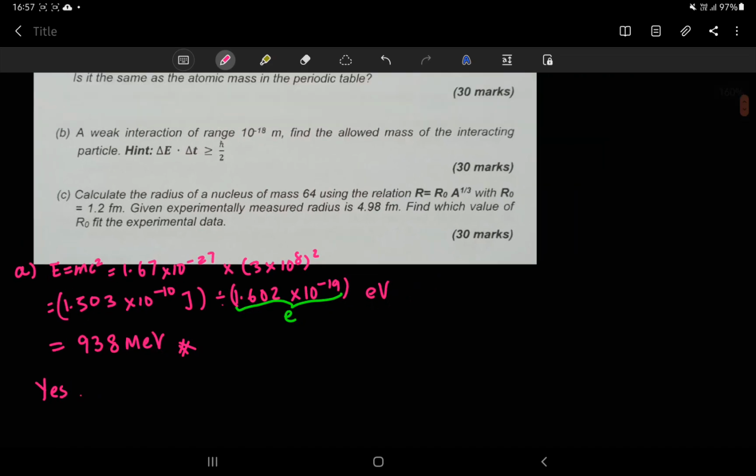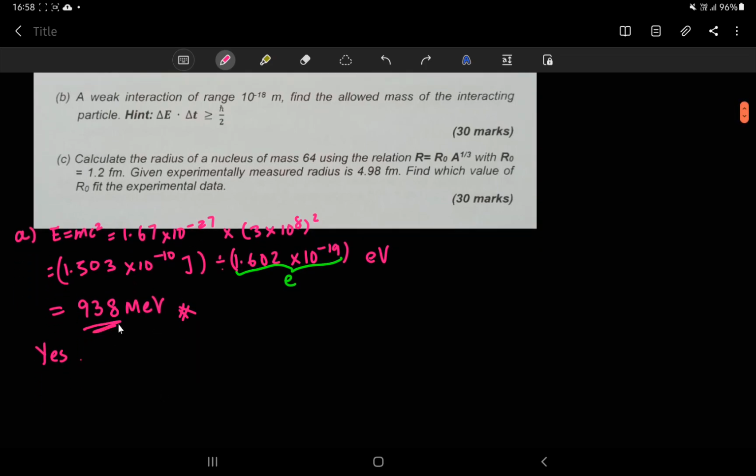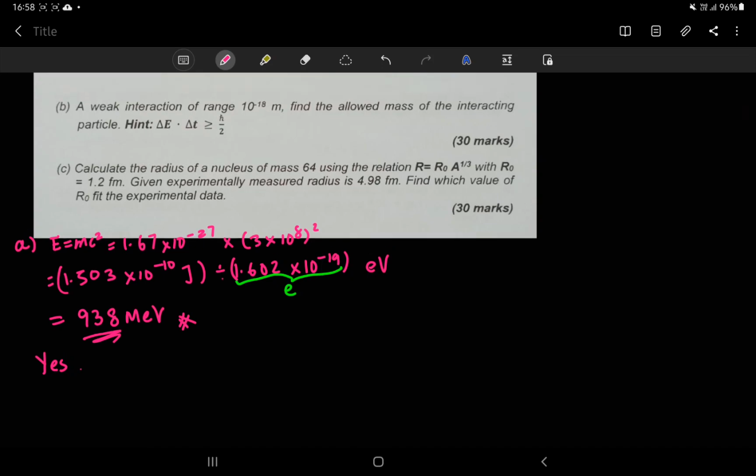Because 1 AMU is defined as 1/12 of the mass of carbon 12, which is exactly the same as this value. So in conclusion, the rest mass of 1 AMU particle is equivalent to this value, 938 mega electron volt.